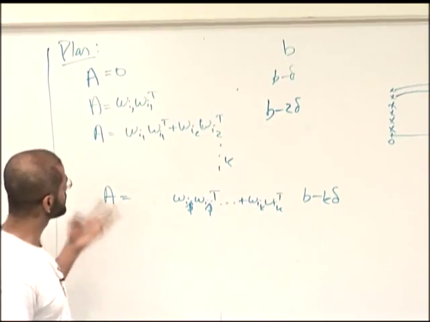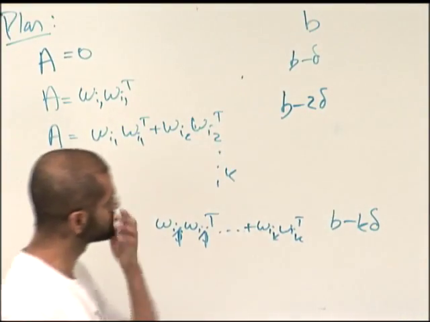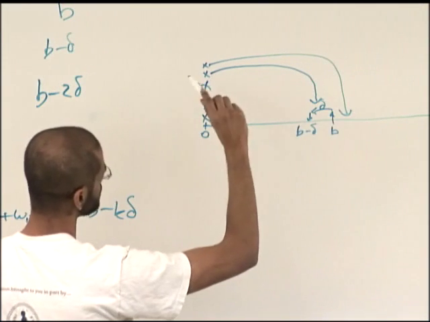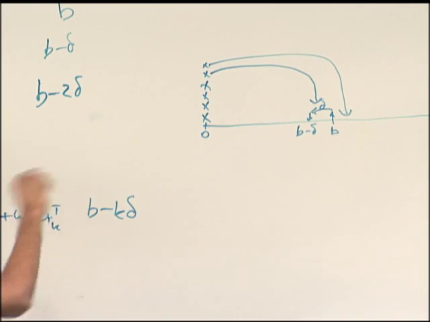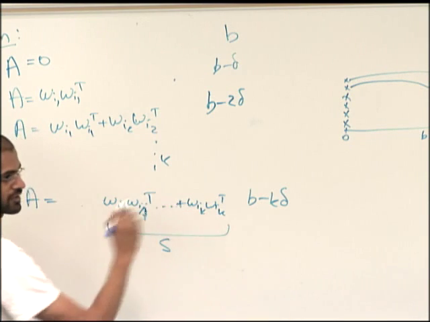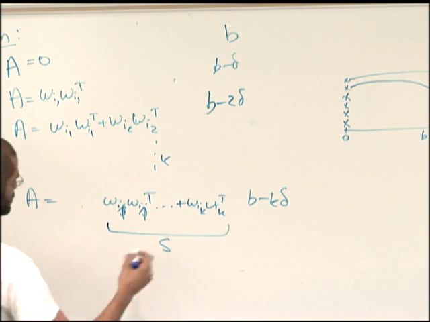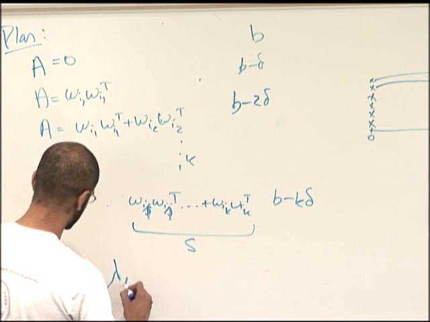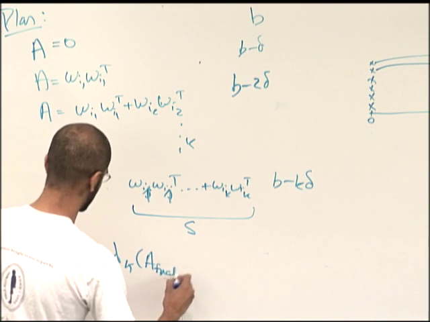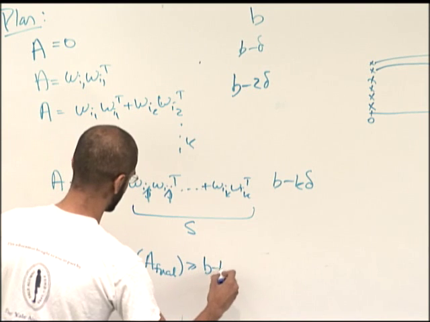The invariant that I'm going to maintain is that at any step, I have exactly k non-zero eigenvalues, and they're all bigger than the current barrier. So at the end, what am I going to get? This is going to be my set S, k columns. And if I'm able to maintain this, I get that the kth eigenvalue of this final matrix is at least b minus k delta.